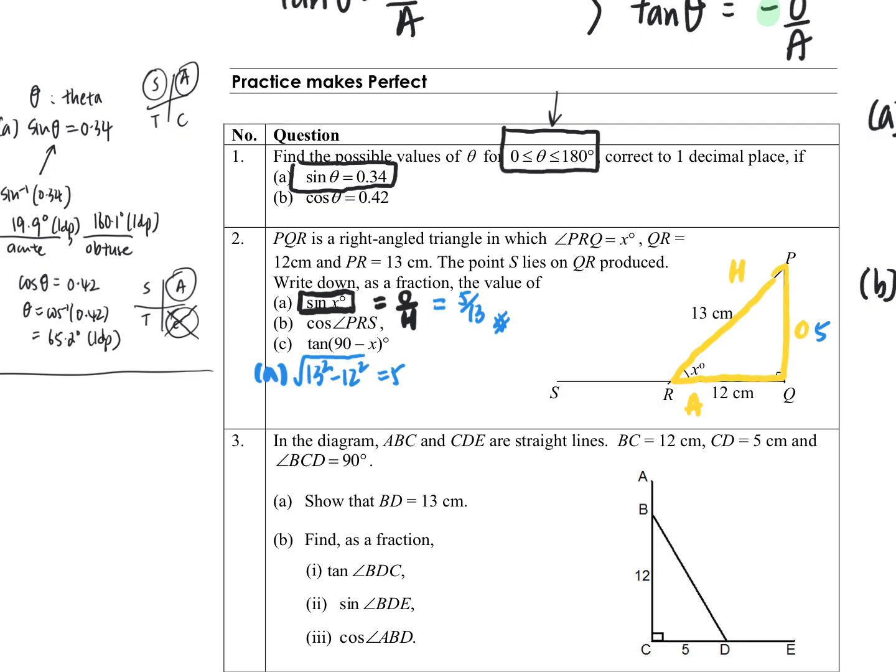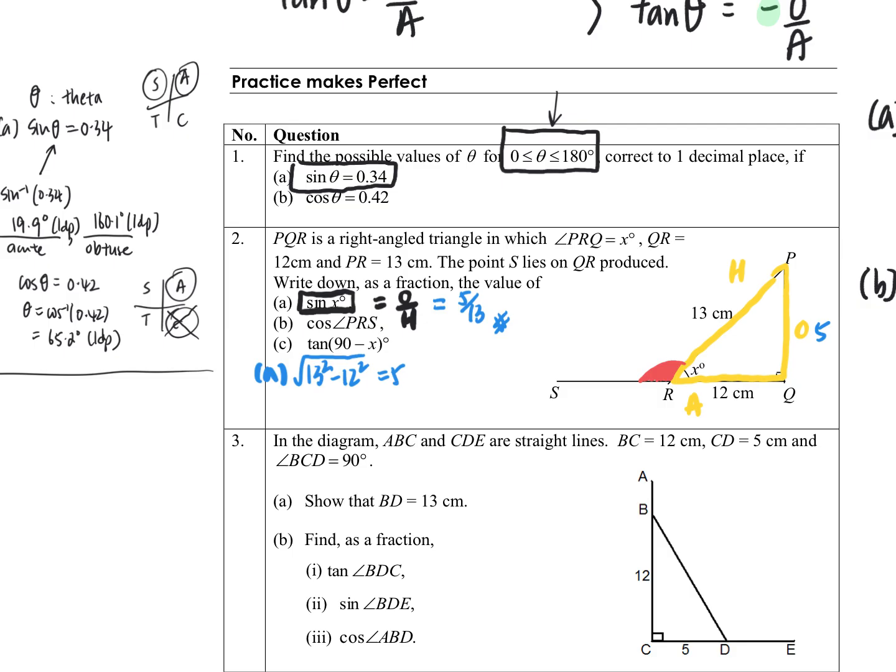Okay, part B is a bit different. I want to find cosine of the angle PRS. This is the obtuse angle. So remember when we were at the second quadrant, it is obtuse, you go into the second quadrant, you still look at the acute triangle beside it. Okay, you still look at the acute triangle beside it, just that the ratio might differ a bit. So if we look at the triangle next door, so this one, although it's this angle we are talking about, actually we are looking at this right angle triangle.